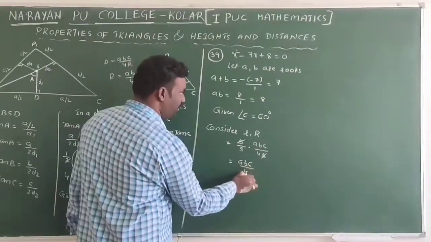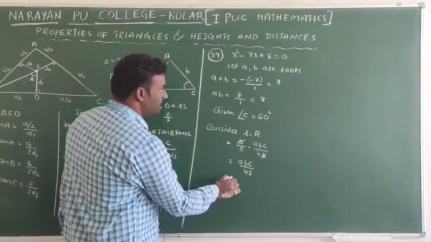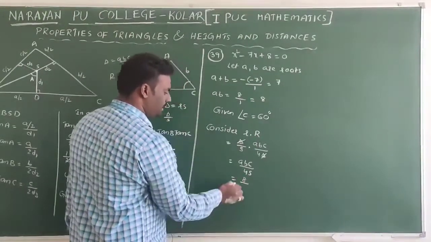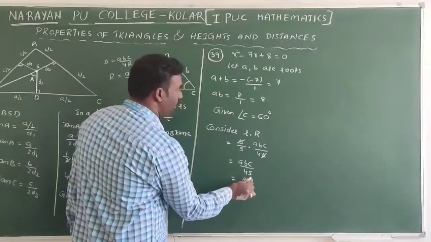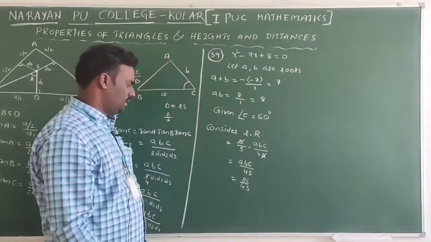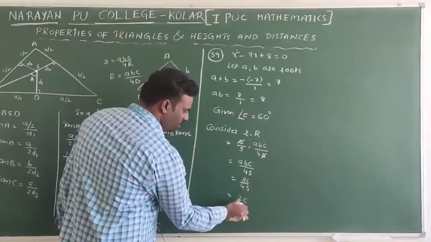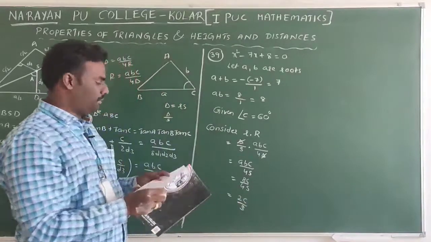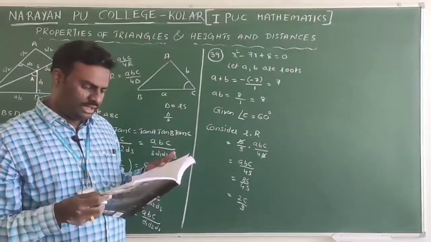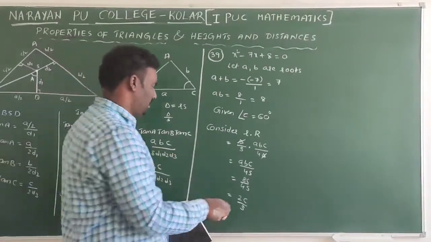Now finally what do you get? ABC by 4S. Already AB value we know, that is nothing but 8C by 4S. If you simplify, you will get 2C by S. But the answer is not given in A, B, C and S. That's why one more step I can write here.